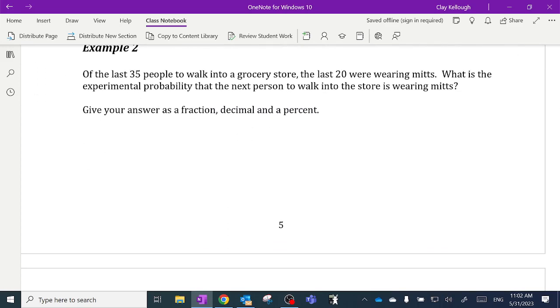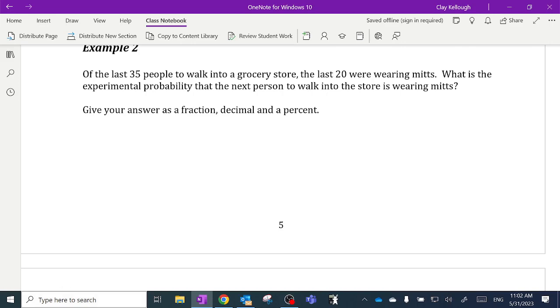Of the last 35 people to walk into a grocery store, the last 20 were wearing mitts. What is the experimental probability that the next person to walk into the store is wearing mitts? Give your answer as a fraction, decimal, percent. Okay, this time it wants all three numbers.